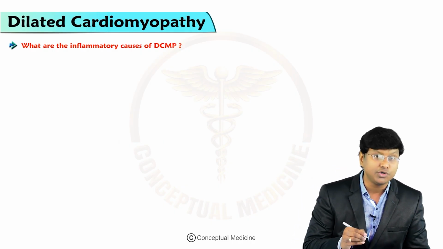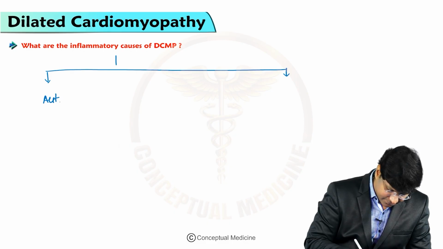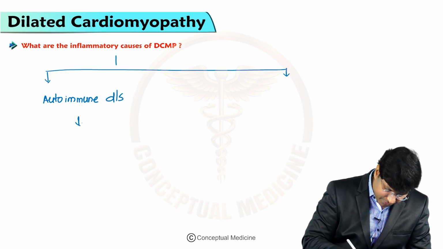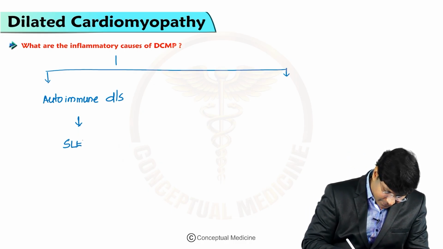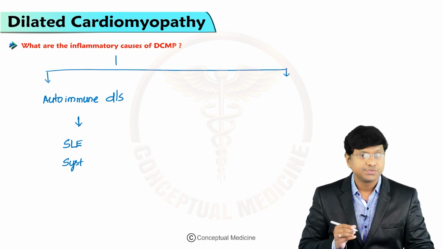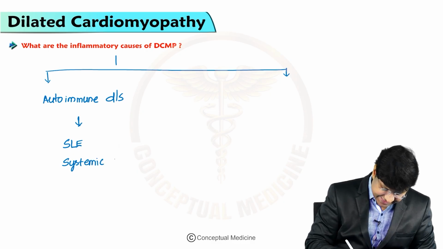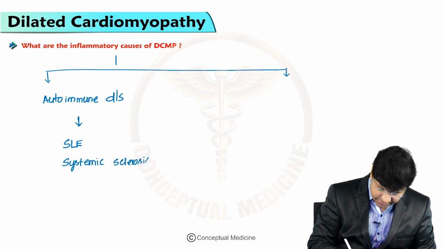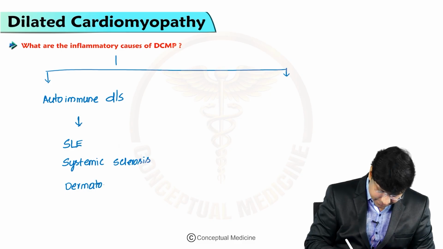Let me tell you, we have autoimmune diseases causing dilated cardiomyopathy, and these autoimmune diseases include systemic lupus erythematosus, systemic sclerosis, and another important disorder, dermatomyositis.